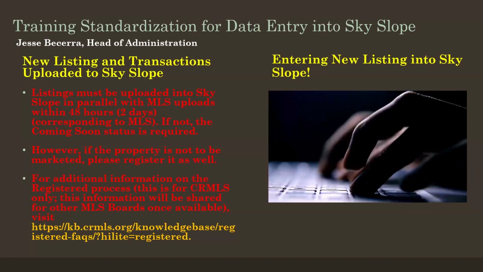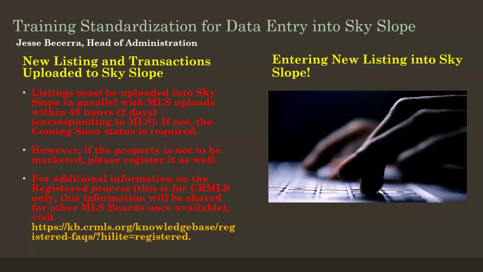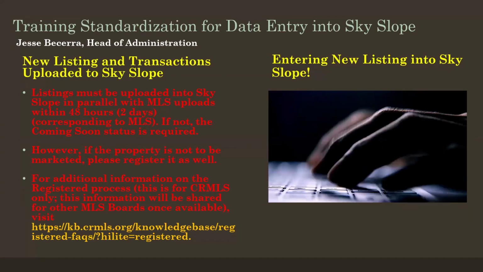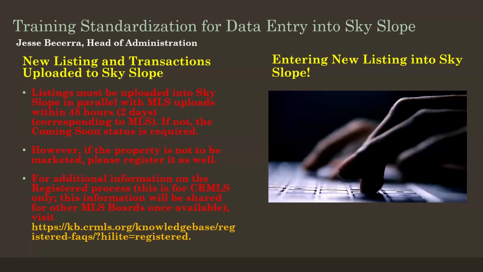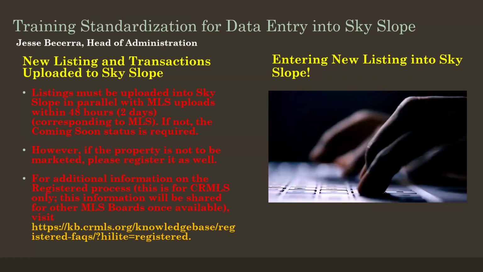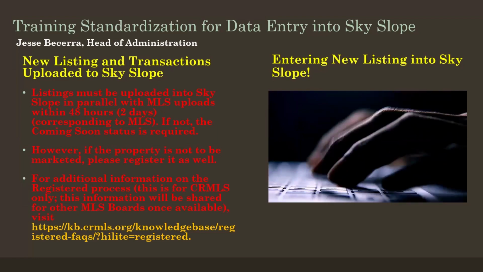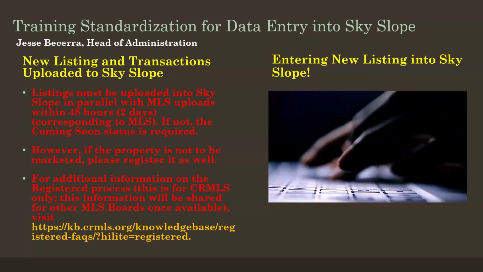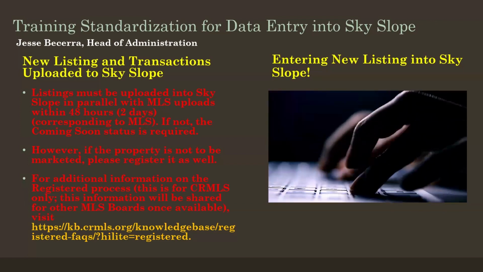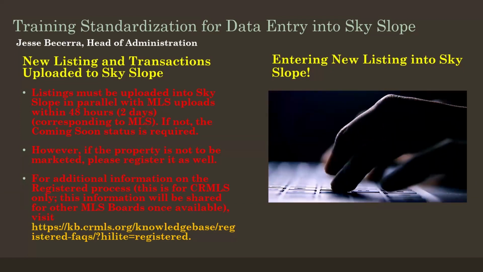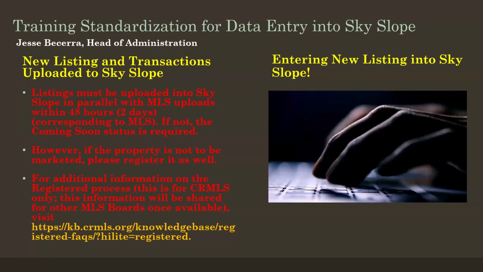I'll send it out from Skyslope, because Skyslope gives you this lovely printout of the actual checklist, and it gives you the status of what that checklist looks like. Anything that is completed, anything that is incomplete, anything that is pending. That is where I'm pushing the auditors to be interactive with the agents and the TCs.